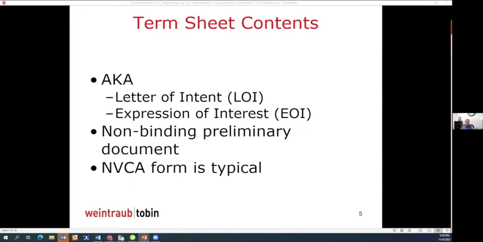But there still is quite a bit of variation in the term sheet format and how things are presented, especially at some of the earlier stages, like a SAFE or a Series seed, which we'll talk about more in a second.